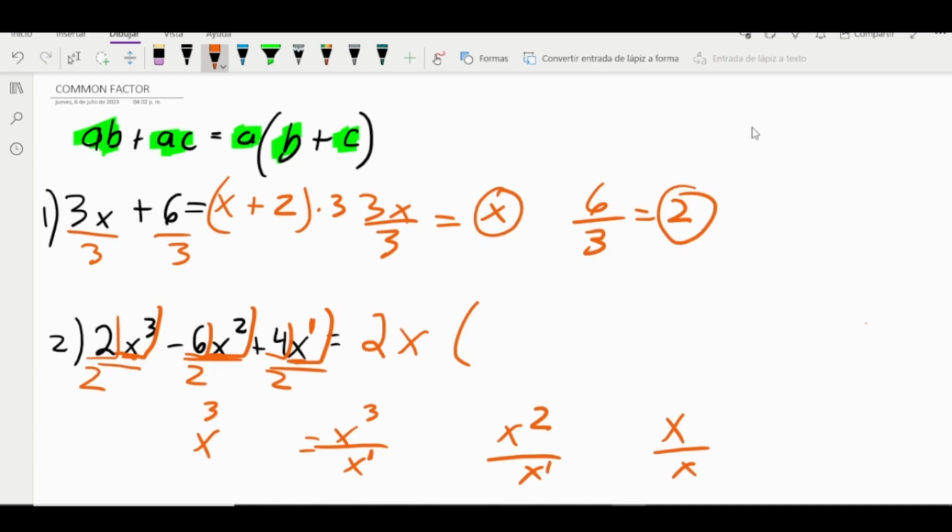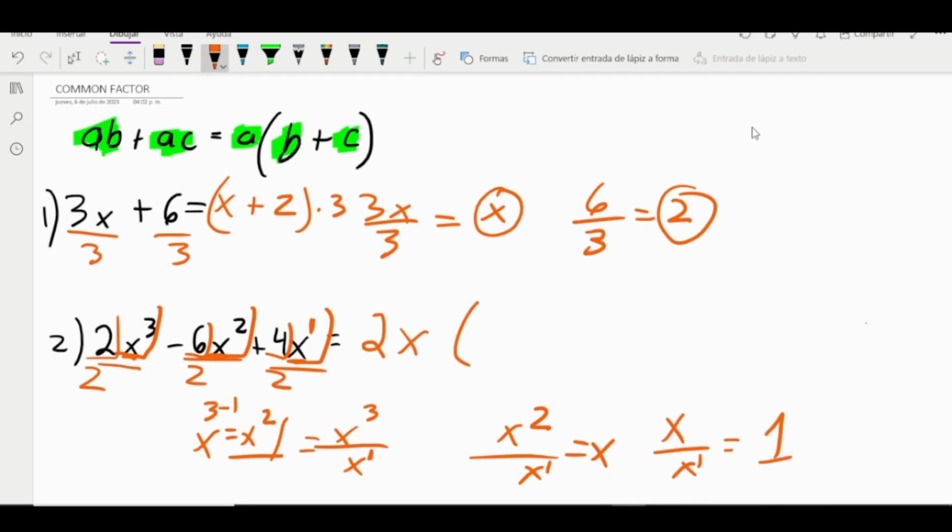Remember that we are going to have the exponent 1. So it's going to be 3 minus 1, so it's going to be x squared. Here, 2 minus 1 is going to be x, and here, x divided by x is going to be 1.